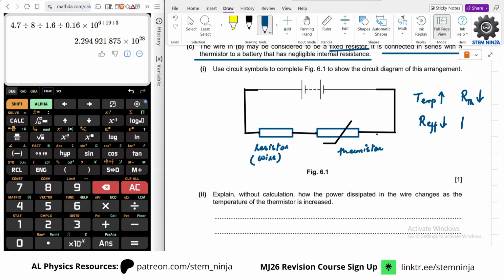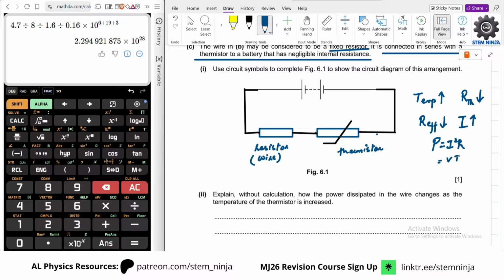If that decreases, the current would increase. So since the current flowing through the battery, the resistor and thermistor is increased, the power, which is I squared R, would change.